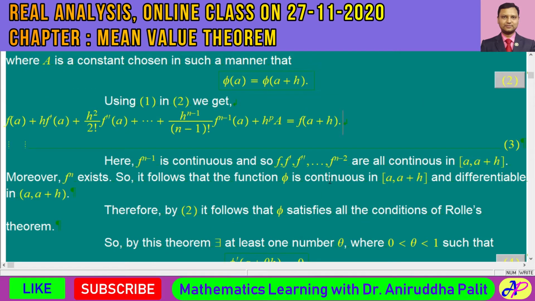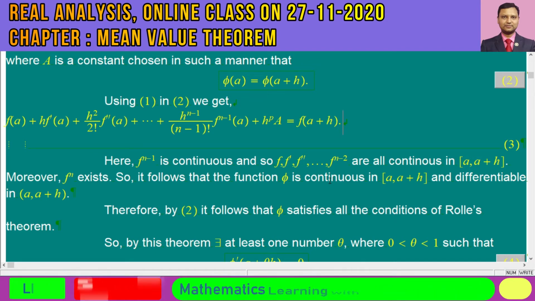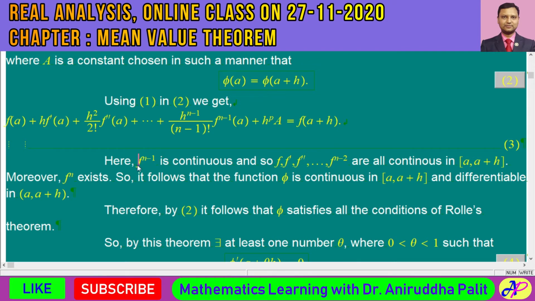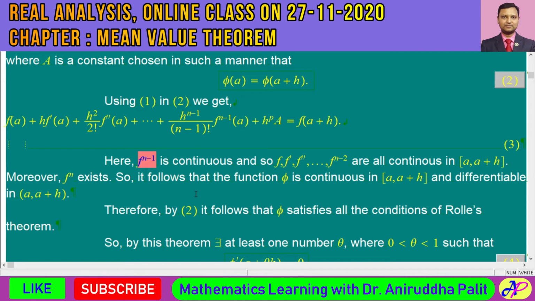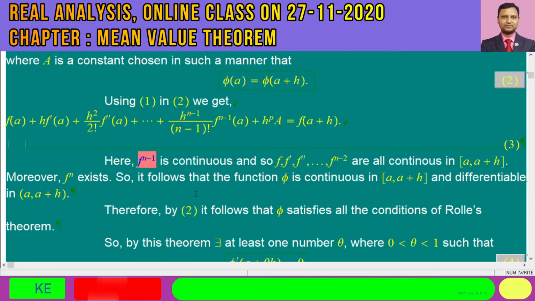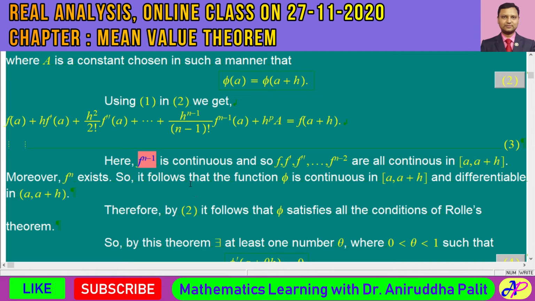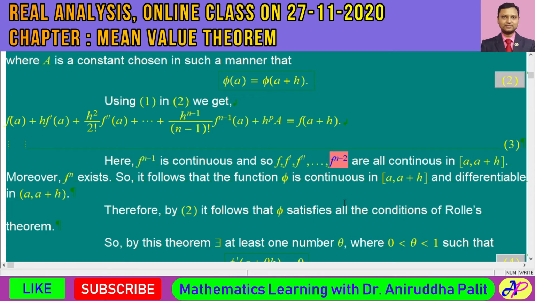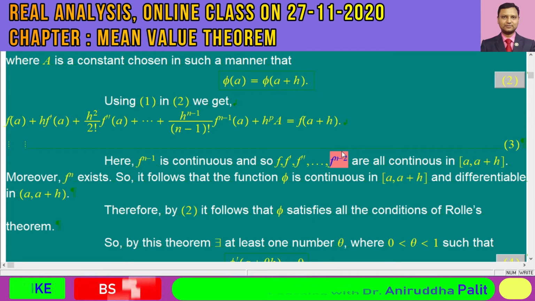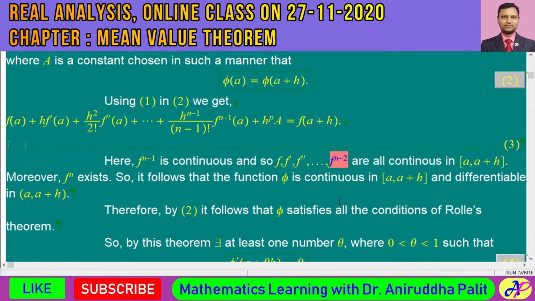So what we need to do is observe that we are given that f^(n-1) is a continuous function. You see, f^(n-1) is actually the derivative of its previous order derivative, that is f^(n-2). If f^(n-2) is differentiated with respect to t, then you will get f^(n-1).